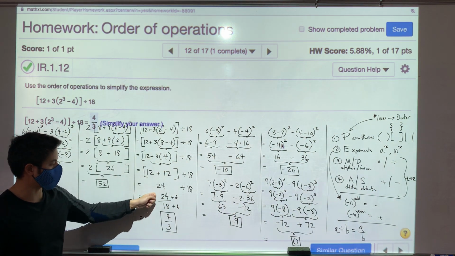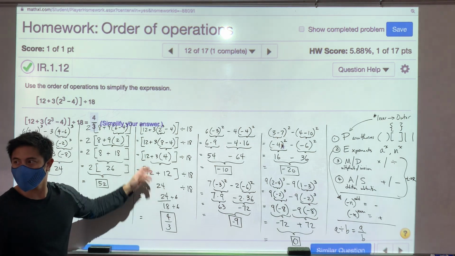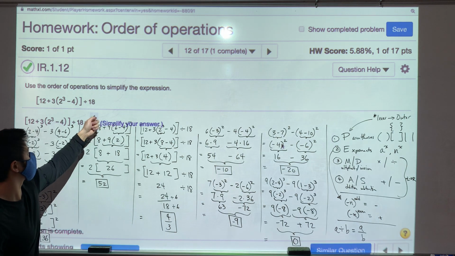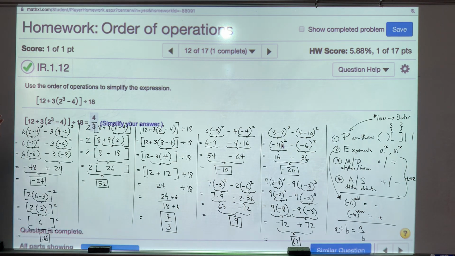Is there anybody that got to the fraction step and couldn't reduce it to their correct answer? Let me know and I'll help you reduce your fraction. Okay, I'm going to wait for 1 or 2 minutes so people can finish their problems.